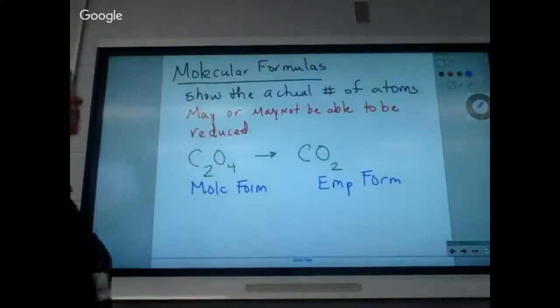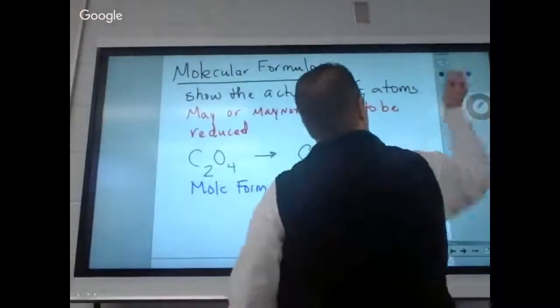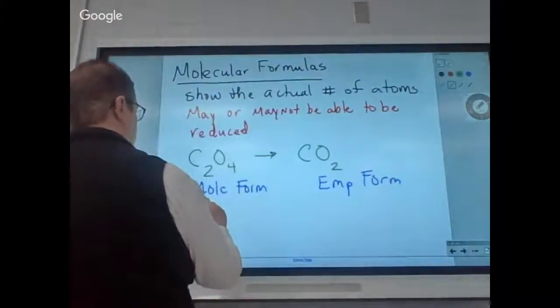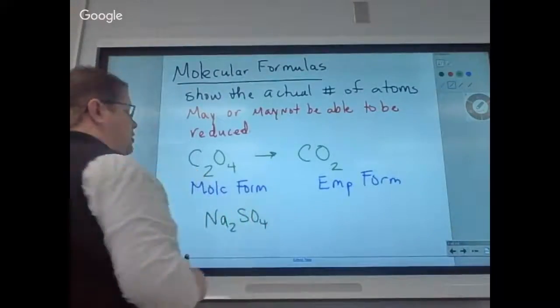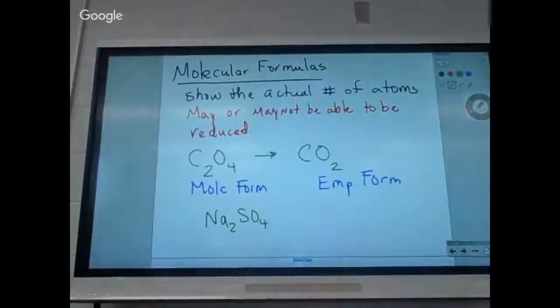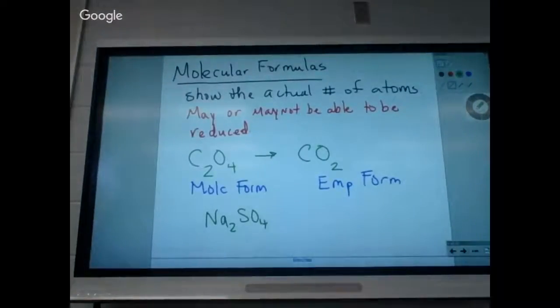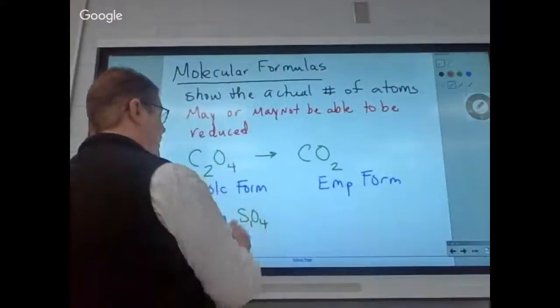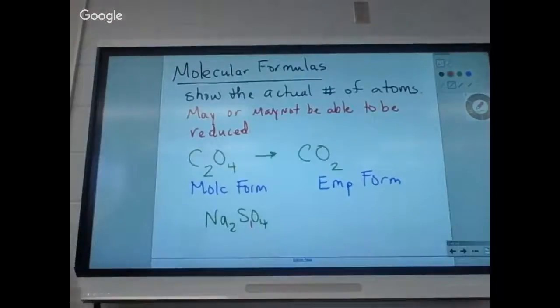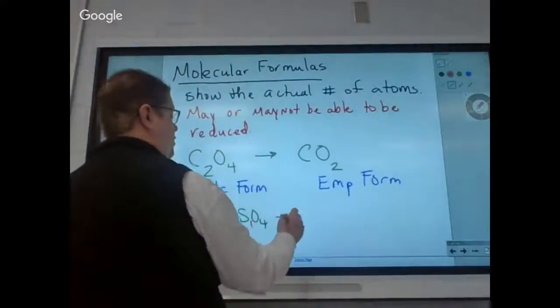No. So if you have a formula such as Na2SO4 that we talked about, which confuses some people because the S has a what on it? It has a 1. This one cannot be reduced, right? It's already in lowest terms.